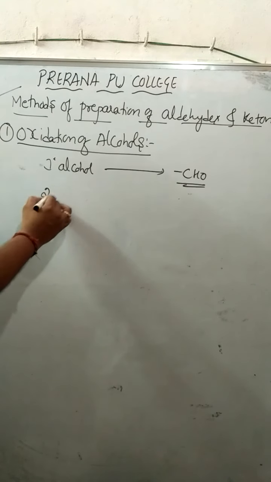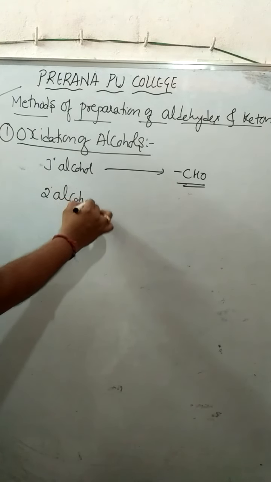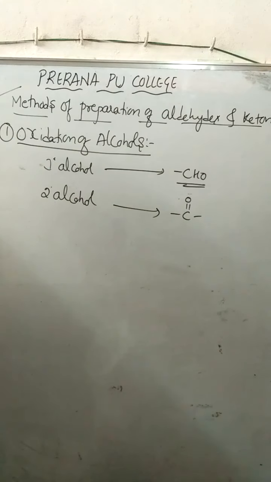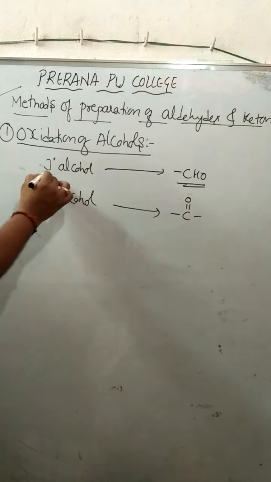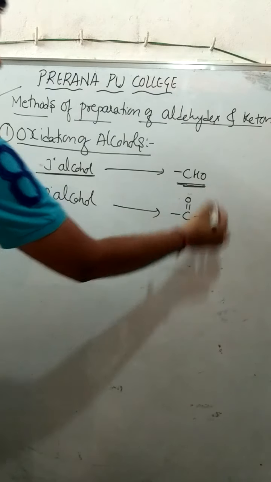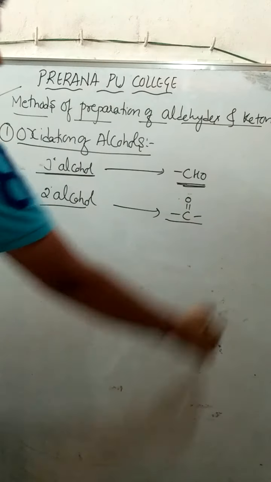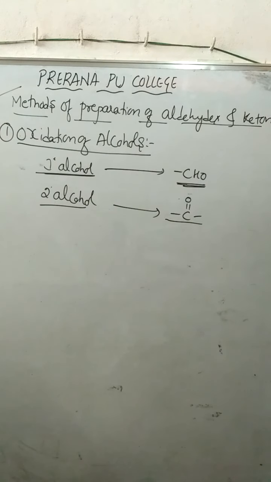In the same way, when a secondary alcohol is subjected to oxidation, the major product will be ketones. So if the reactant is a primary alcohol, aldehyde will be the product, and if the reactant is a secondary alcohol, ketone will be the product.